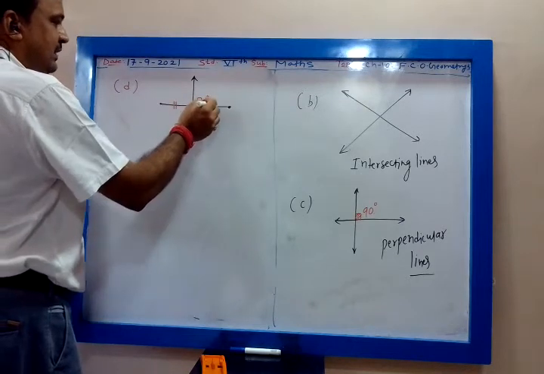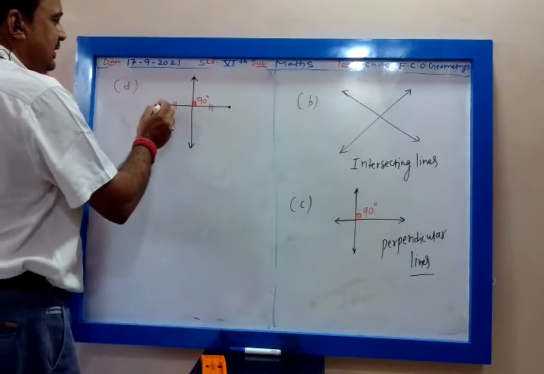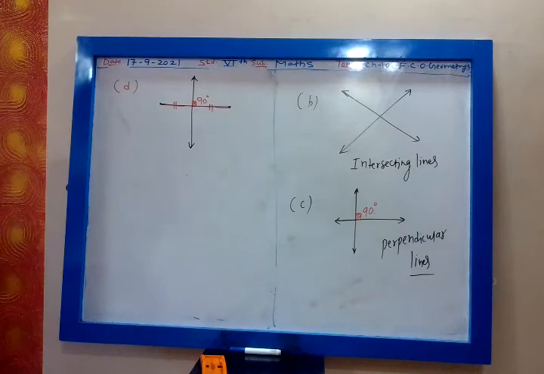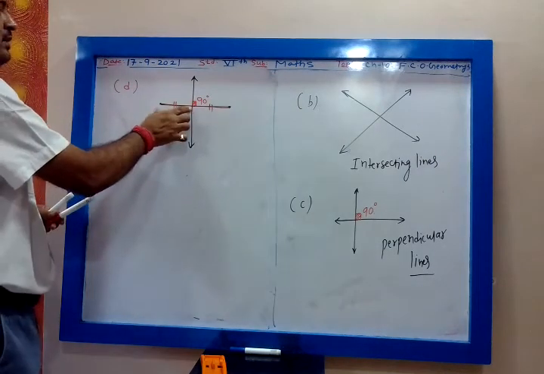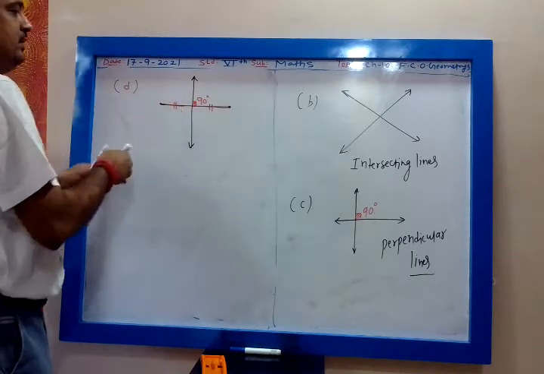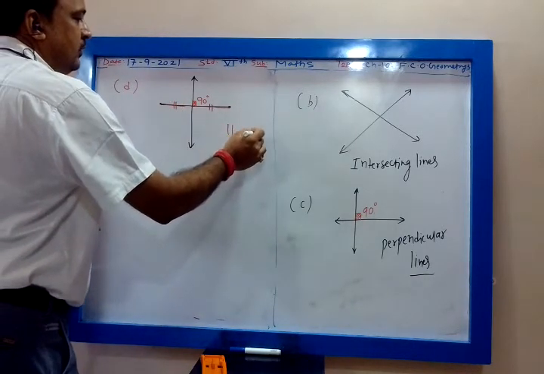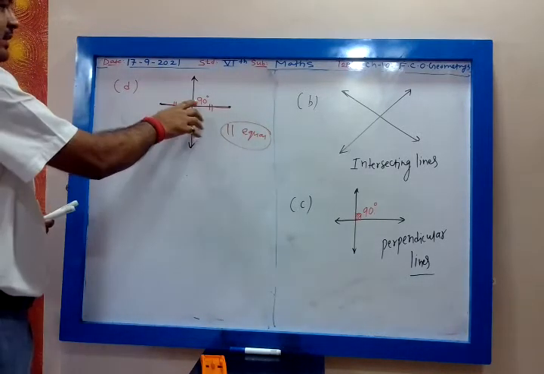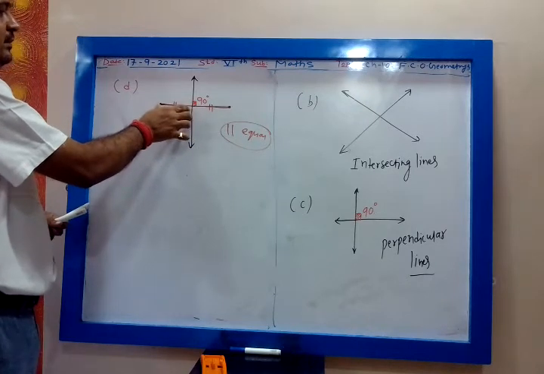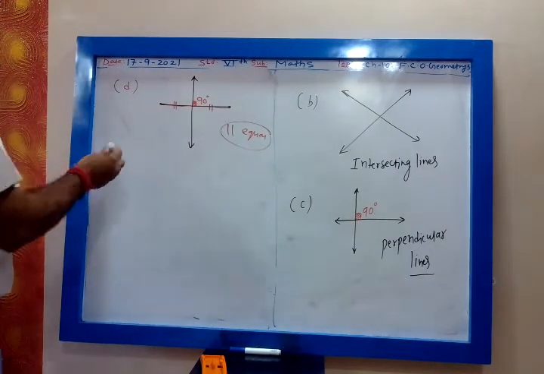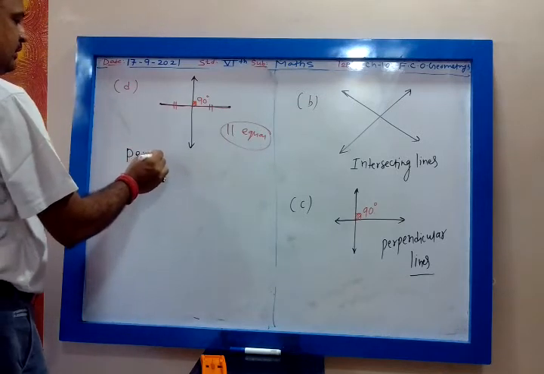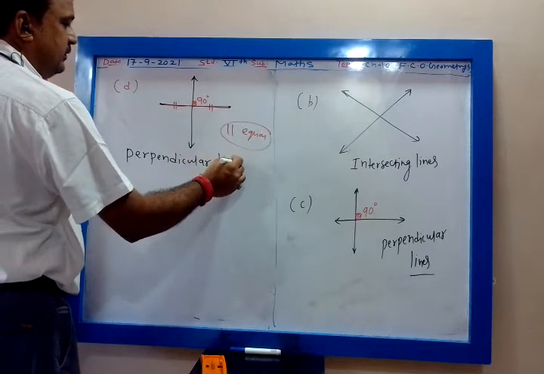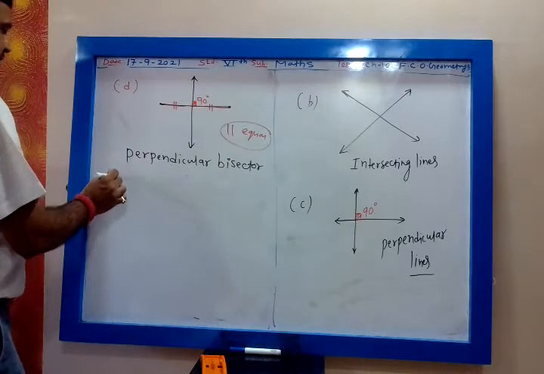This much length is same as this much length. So it is bisector. This symbol means equal part. I have written symbol this way. This means equal. So perpendicular bisector. 90 degree is formed and it is bisecting this segment. Very good.